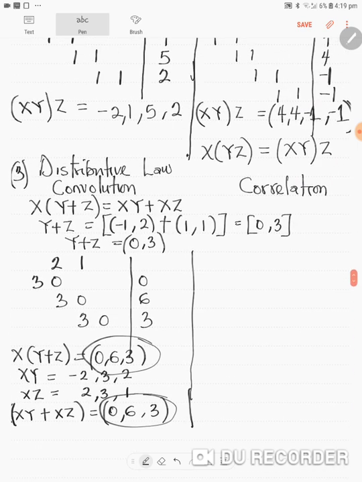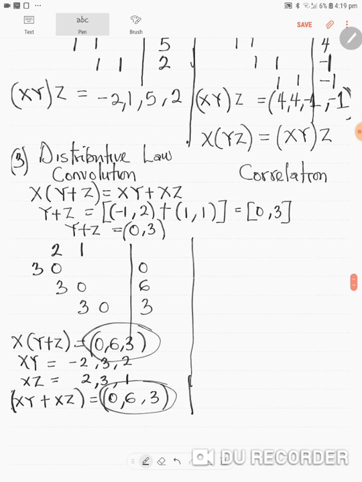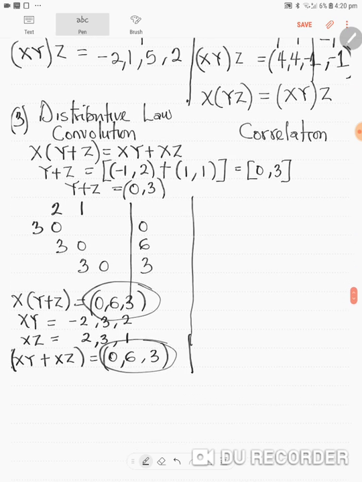Now let's do it for correlation. Same as before, our y plus z is 0, 3 and our x is still 2, 1.